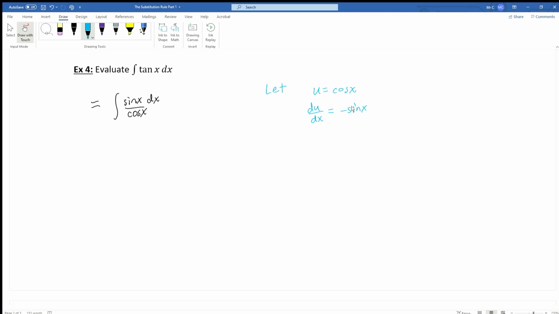Now, this step here, I'm going to start skipping on future problems, so I just want to point out now, because you're going to do this so many times that it's going to become second nature. So I'm just going to write du equals negative sine of x dx. In the future, I'll just skip from u equals cosine of x to du equals negative sine of x dx, just because it's one less thing to write, and you're going to do it so many times. Okay, so du equals negative sine of x dx. Well, I need this sine of x dx to get replaced, since cosine of x is my u here.